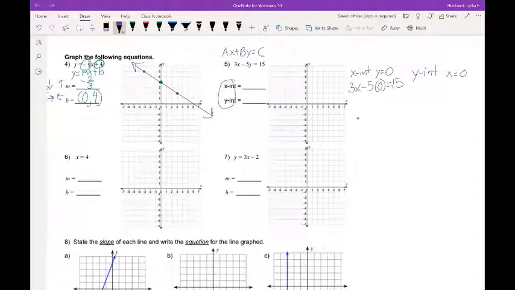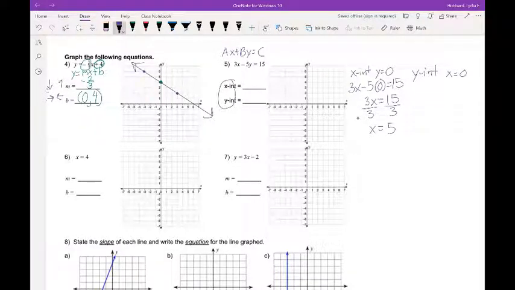And anything added to 0 would just be the original problem itself. So this would be 3x equals 15, right? Because again, that negative 5 times 0 would just become 0. And adding that to 3x would just keep us with 3x. So then we solve for x. So we'll divide both sides by 3 to get that x equals 5.